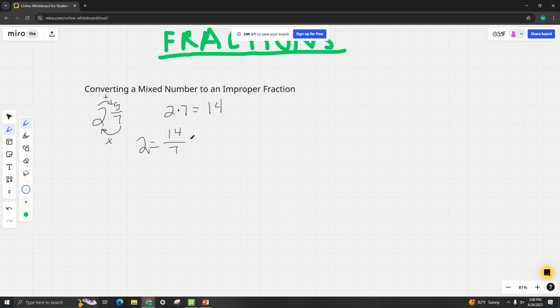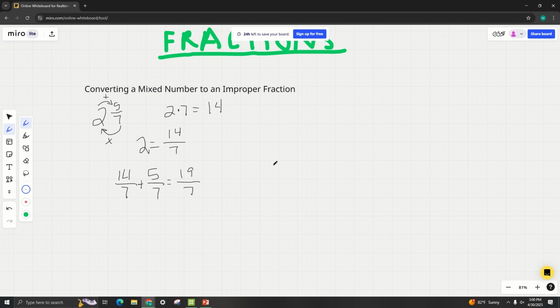7 goes into 14 twice. There's no remainder there. 2 is equal to 14 sevenths. That's it in fraction form with a denominator of 7. So now I can take my 2 in fraction form, my 14 sevenths, and I can add that to my 5 sevenths. And as you'll see with adding fractions here in a moment, we keep the denominator, 7, and then do 14 plus 5, which is 19.